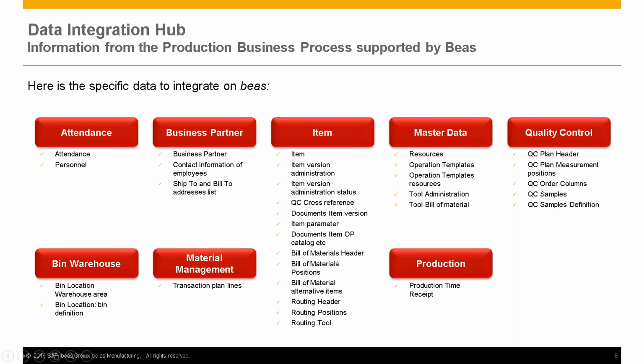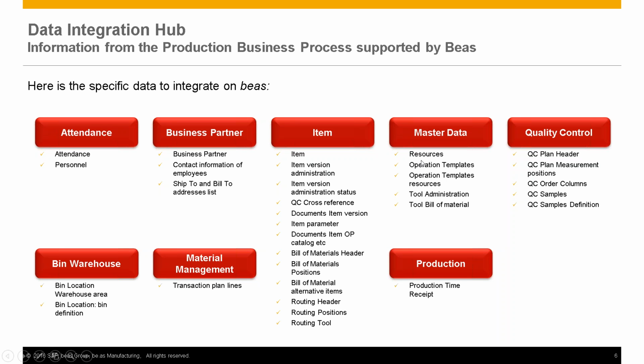We have an exclusively specific item master data to upload that includes the item, the bill of material, the header and the positions, the routings that we're going to use with the resources, and of course the new functionalities that are the item version and the item version status.